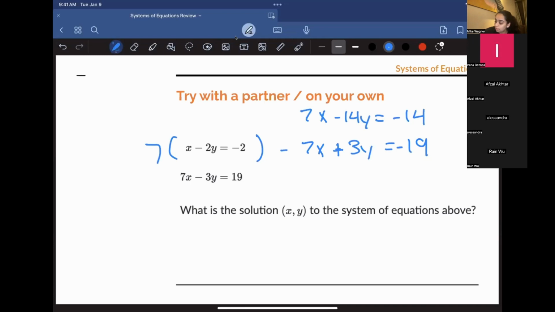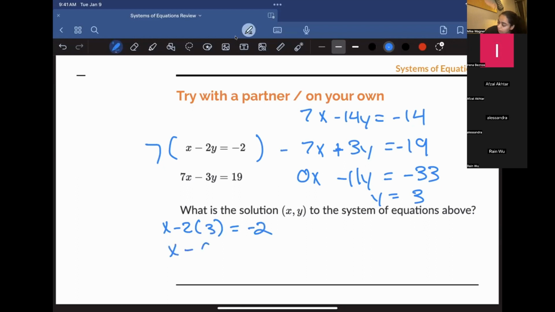And then if we add it down, we get 0x minus 11y equals negative 33. Y equals 3. And we're going to plug it back in, and we get x minus 2 times 3 equals negative 2. X minus 6 equals negative 2. x equals negative 2 plus 6, which is 4. So the answer is 4, 3.